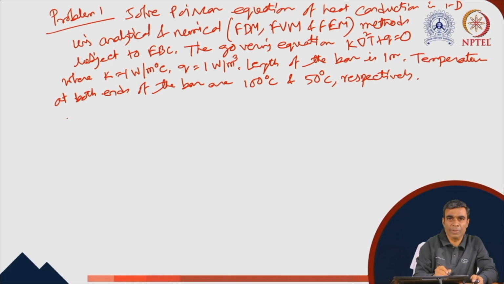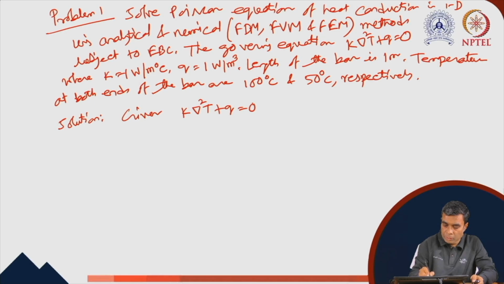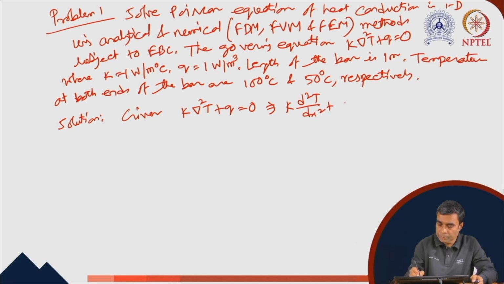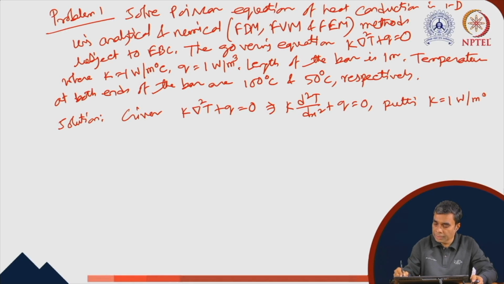Now first we illustrate the analytical solution for this problem. Given K del square T plus Q equals to 0. This is simplified in one dimension as K d2T/dx2 plus Q equals to 0, putting K equals to 1 watt per meter degree centigrade and Q equals to 1 watt per meter cube.